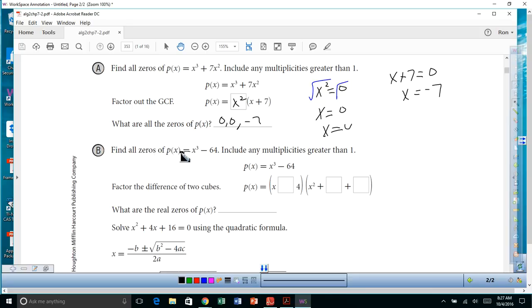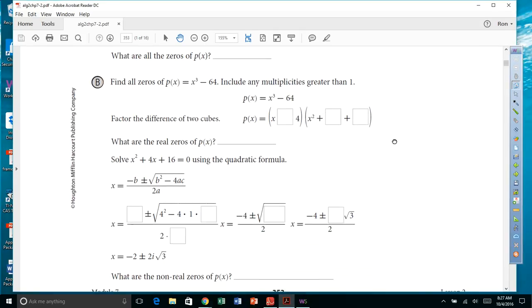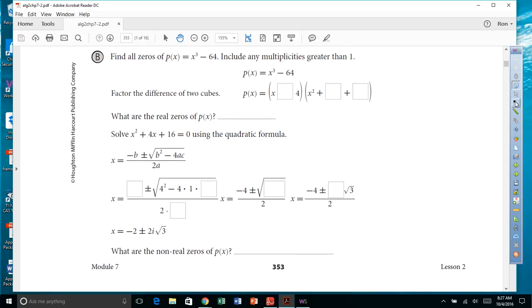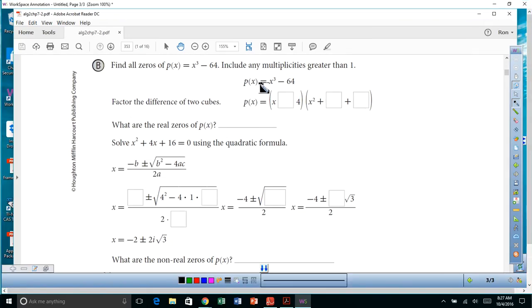B, find all zeros of p of x equals x cubed minus 64. Include any multiplicities greater than 1. So let's take a look at this. p of x equals x cubed minus 64. I'm seeing x to the third power minus 4 to the third power, right?